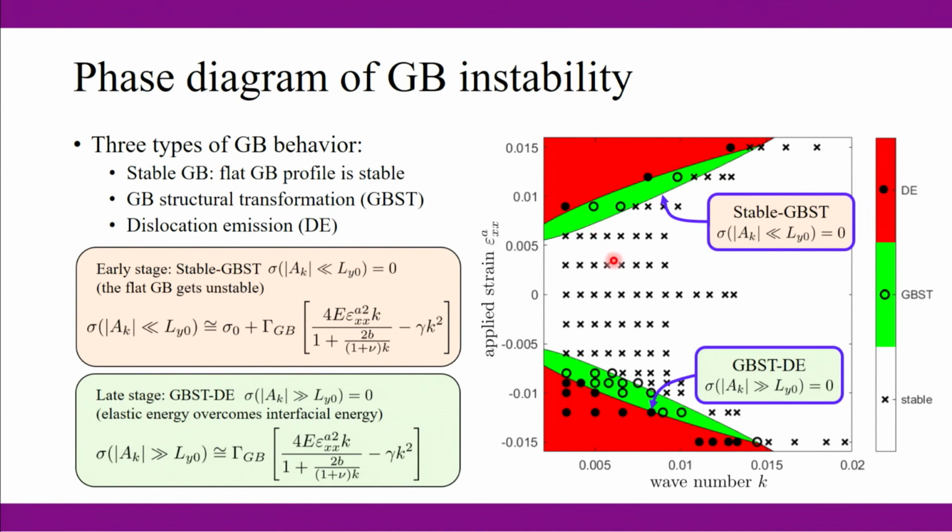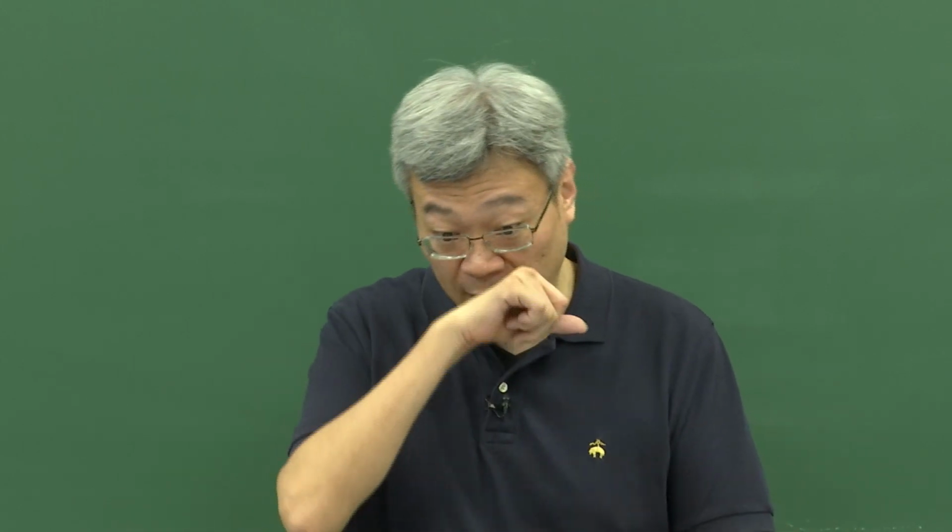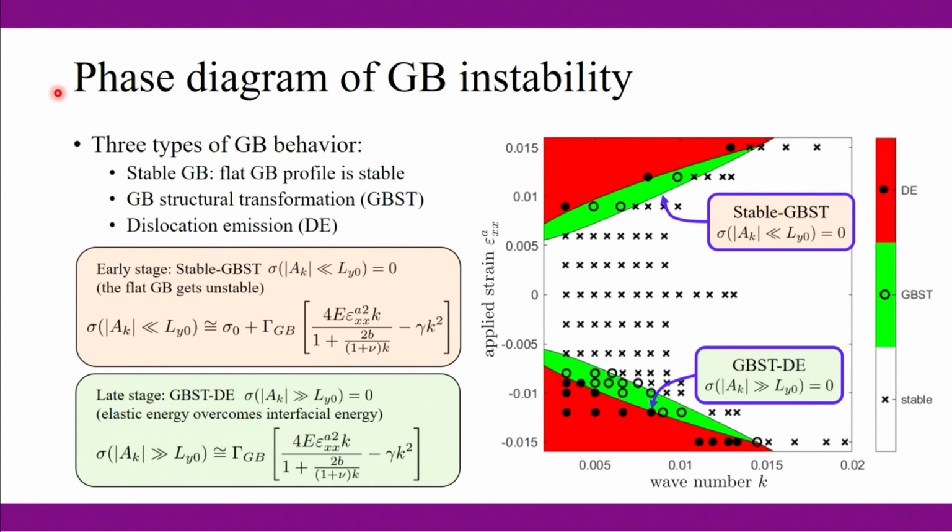And the black cross is the stable region, where nothing happens. All the curves we are showing here are from our theory. So let's take a look at the theory that we propose. We have already shown what we have been seeing in the PFC simulation. To quickly sum it up, here's the phase diagram, right?